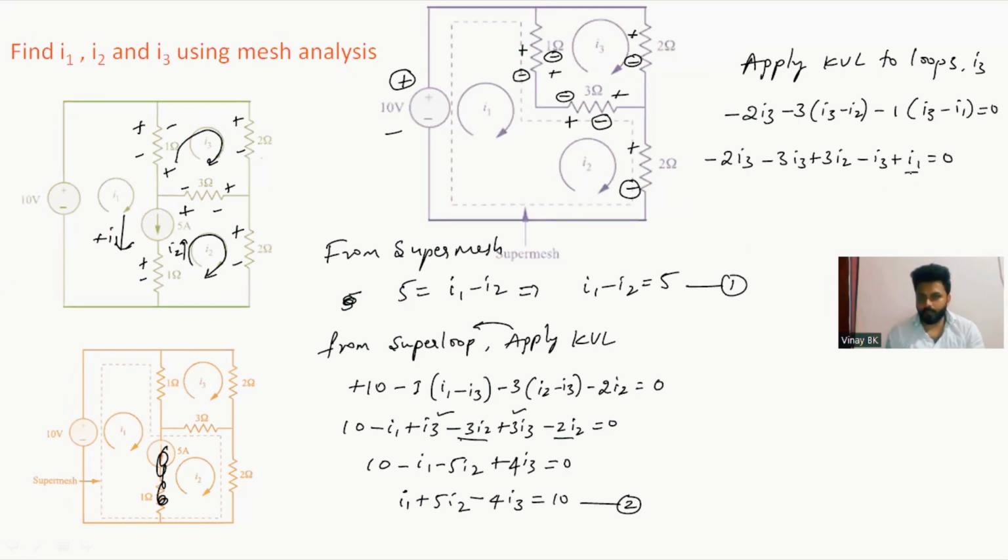I1 is only one, so I'll write I1, then 3I2, and for I3, minus 2 minus 3 minus 1 is minus 6, so minus 6I3 equals 0. This is equation number 3.